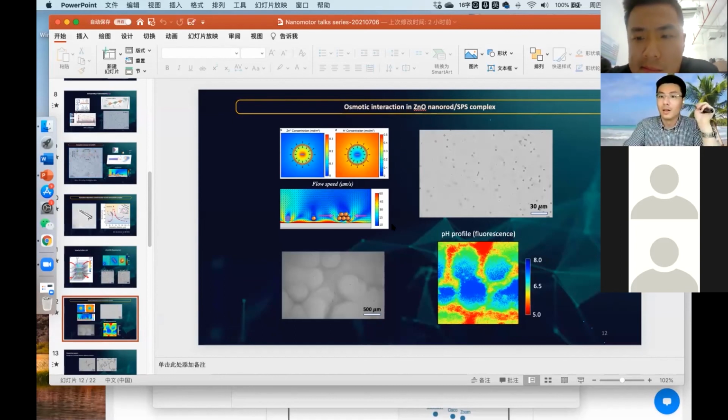In the bulk of the solution, of course, there is some electrophoresis or chemotaxis behavior, but it's weaker than the electro-osmotic flow near the substrate. So maybe there is some similar attraction and repulsion behavior, but it should be much weaker than that near the glass substrate.